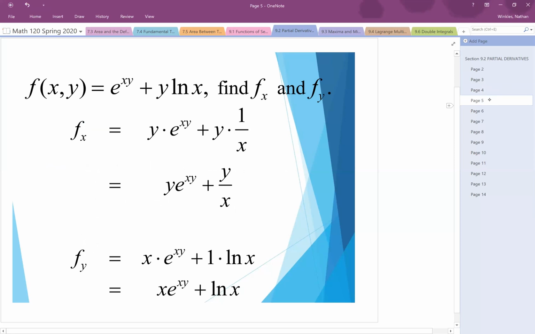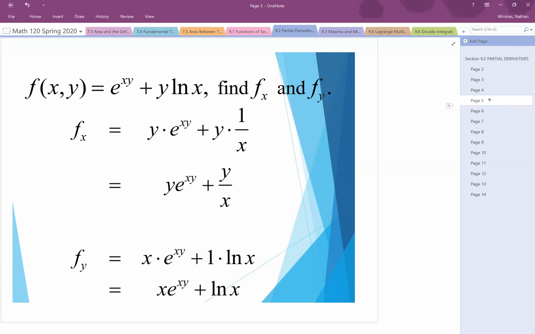We can have more complicated functions. It doesn't matter what we're looking at, we can still do it. We've got to be careful in terms of product rules or variations here. So we have f of x y equals e to the xy plus y ln x. Again, finding the partial with respect to x and the partial with respect to y.